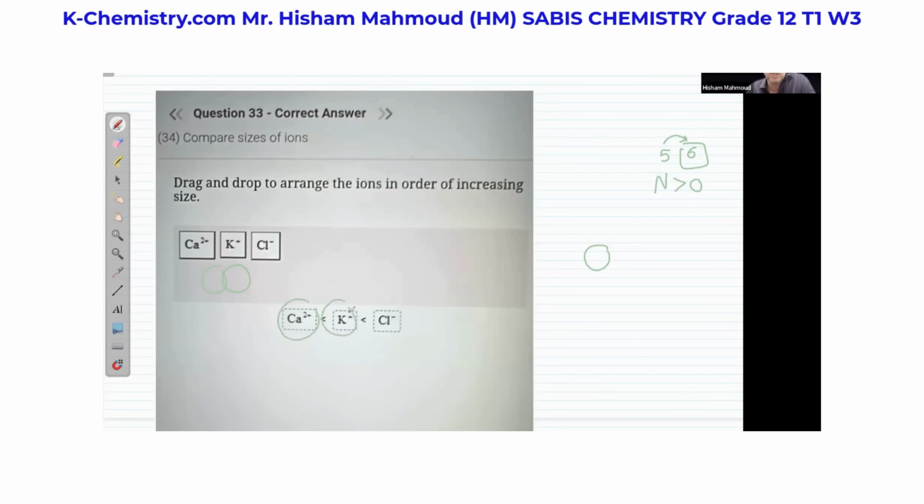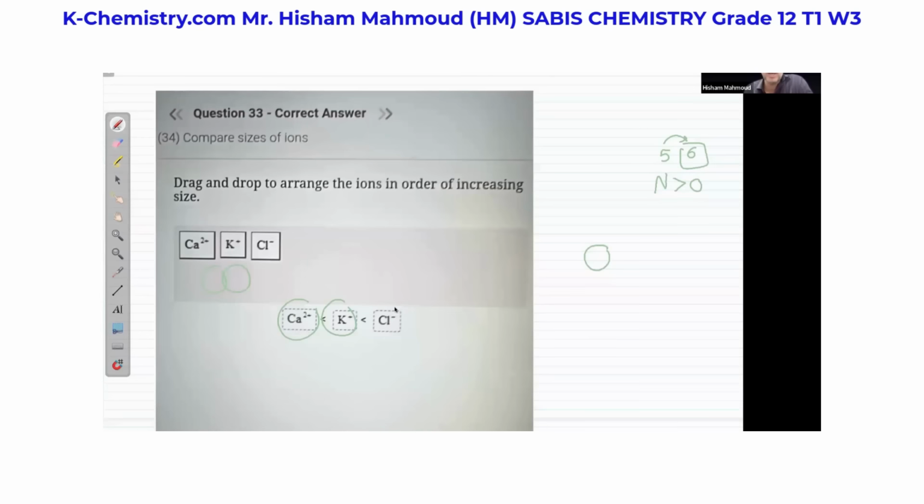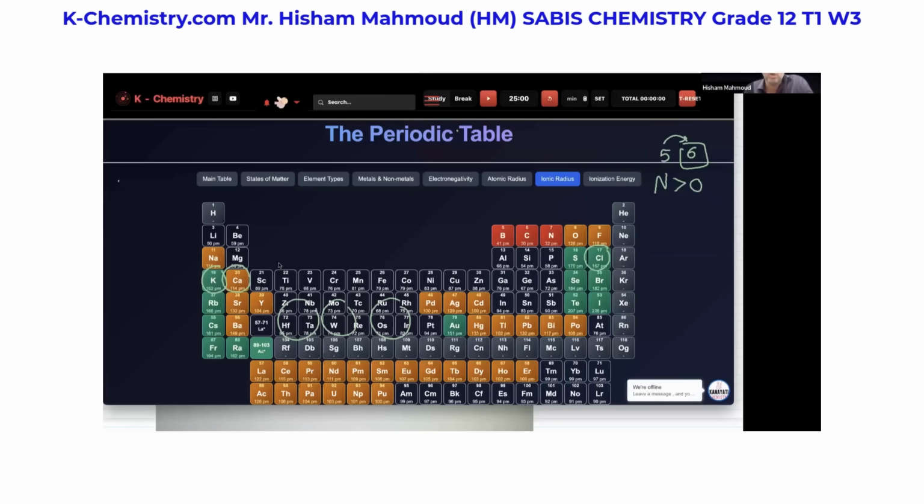Because in the metals, when you go to the right, the ionic radius decreases. But when you go to the non-metals, what happens? It increases. That's why the chloride is the biggest one. Again, remember, this is very easy to understand. When you go from left to right in the metals, it decreases, but when you go to the non-metals, it will increase.